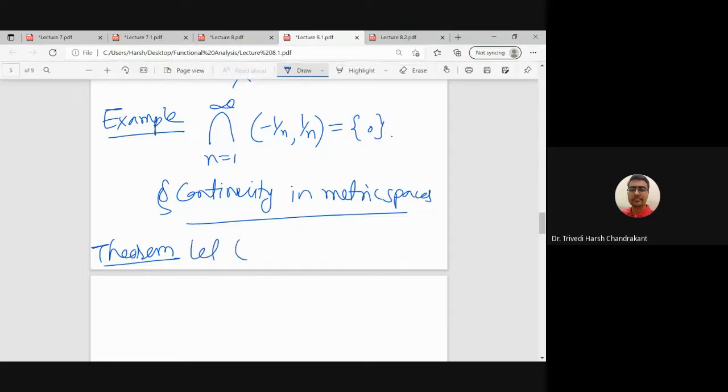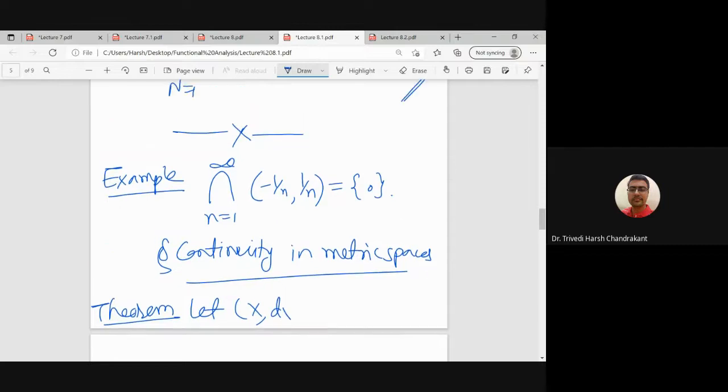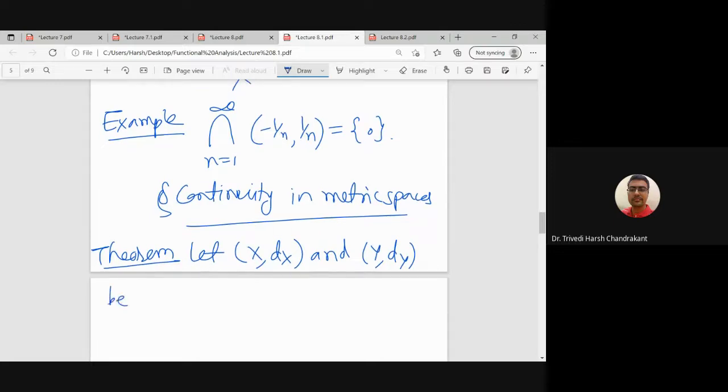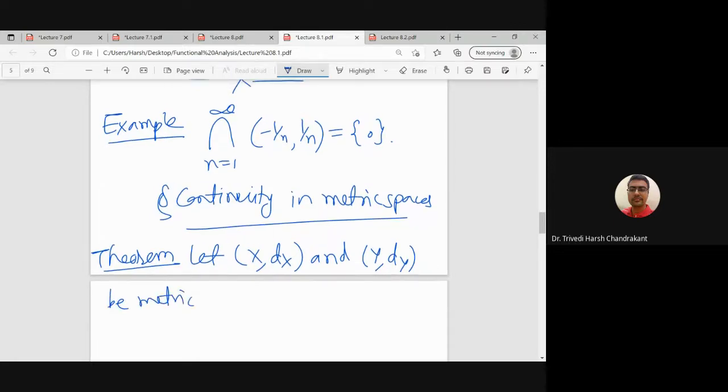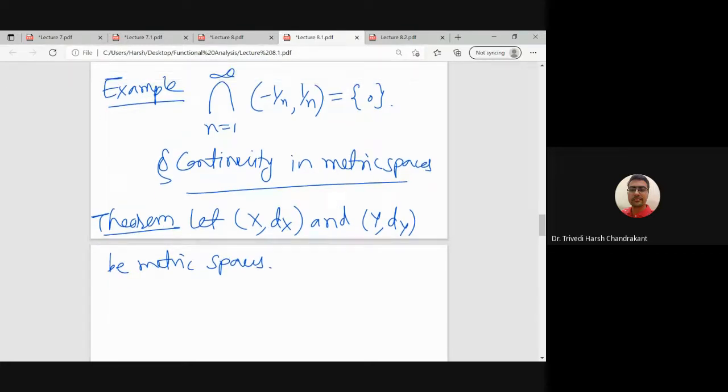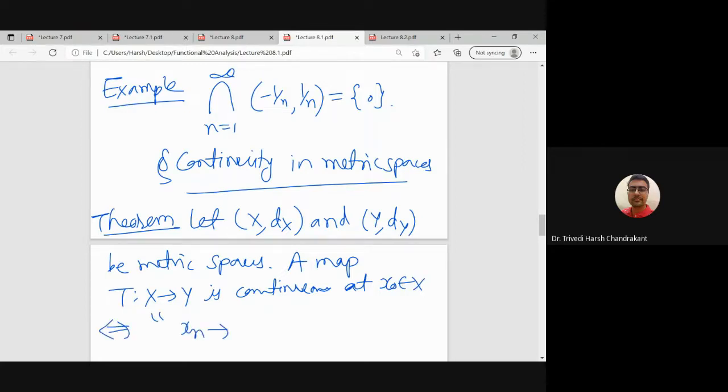So let X and Y be metric spaces. A map T from X to Y is continuous at the point x0 in X if and only if we have sequential continuity.